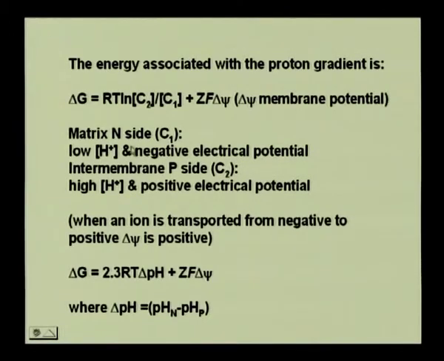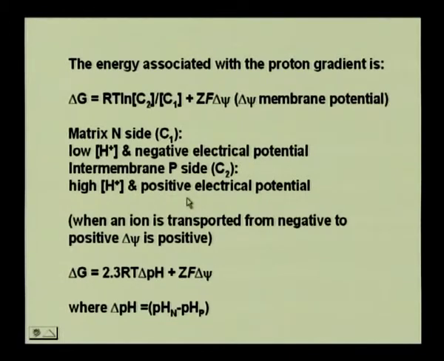Now, the matrix side is the N side that has a low proton or low hydrogen ion concentration, and a negative electrical potential. The intermembrane side, which is the P side in this case, has a high proton concentration and has a positive electrical potential.